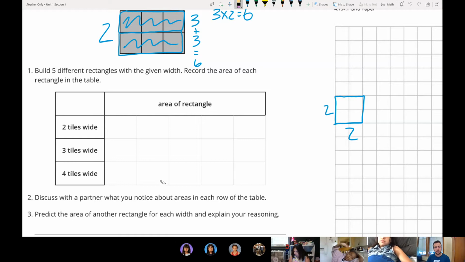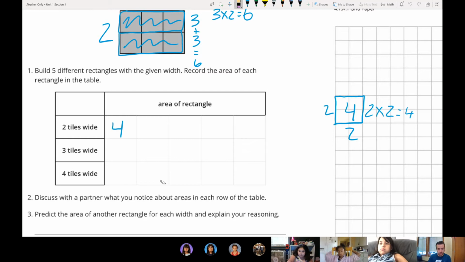So I made a rectangle. In this case, it's actually a square. And I can do 2 times 2, and that equals 4. So my area is 4. So I'd go back over to my box next to the 2 tiles in my table there, and I'd put 4 because that's the area of the rectangle that is 2 tiles wide. Does that make sense?